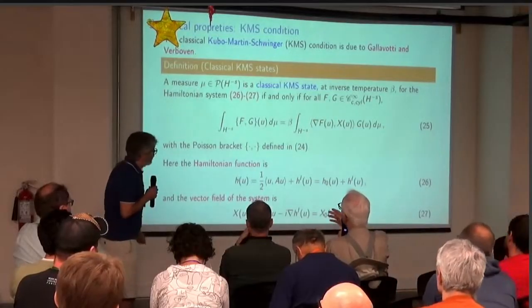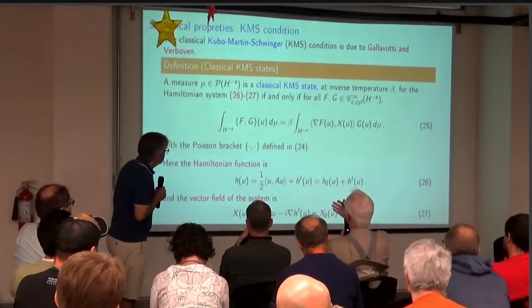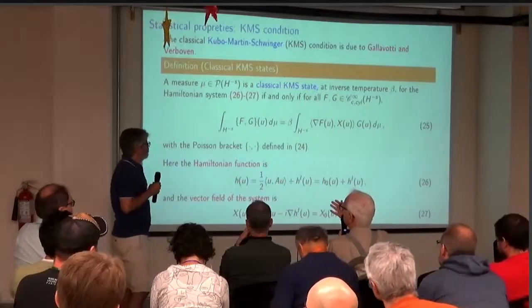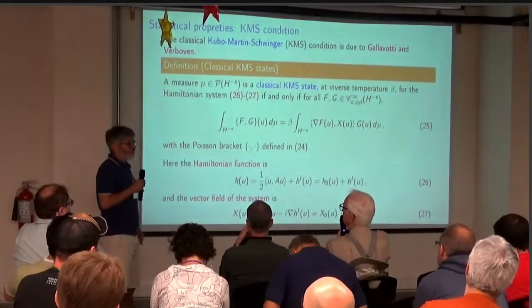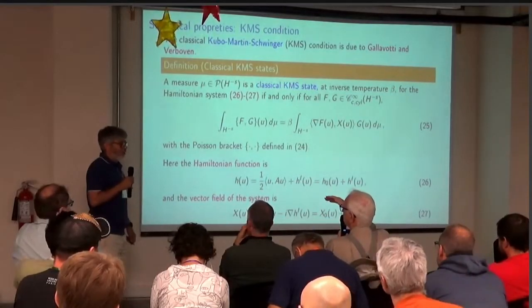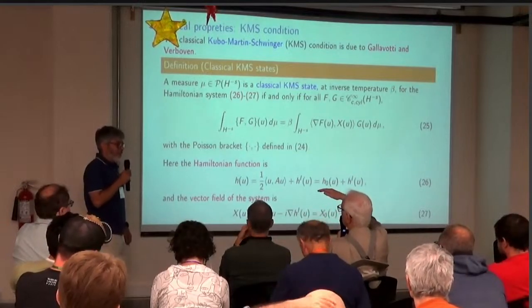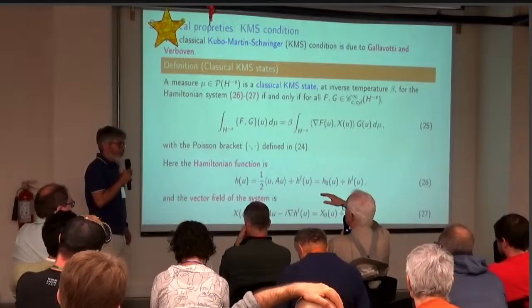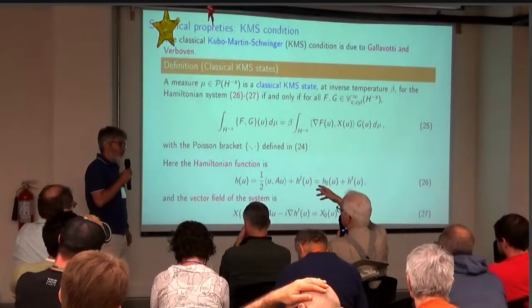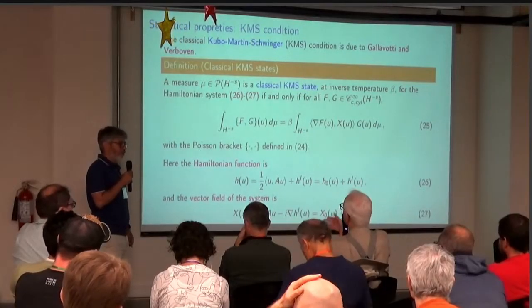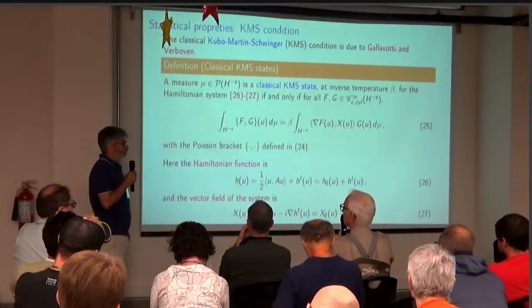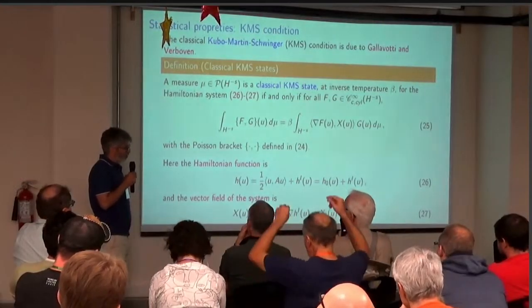Could you explain the relation to the quantum KMS condition? So why is this a classical KMS condition? Because it's quite different, right? In the quantum case you extend analytically from one strip and have X, Y commute. So why is this a KMS condition? That takes another talk.